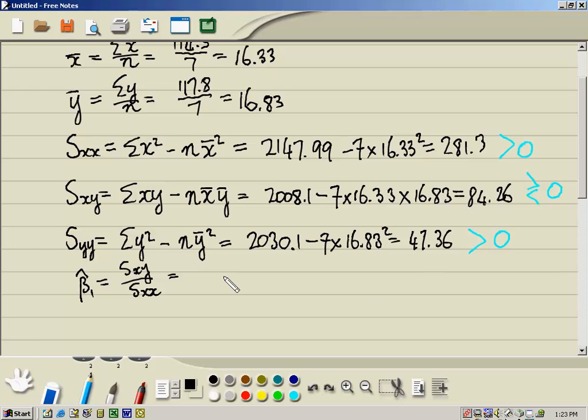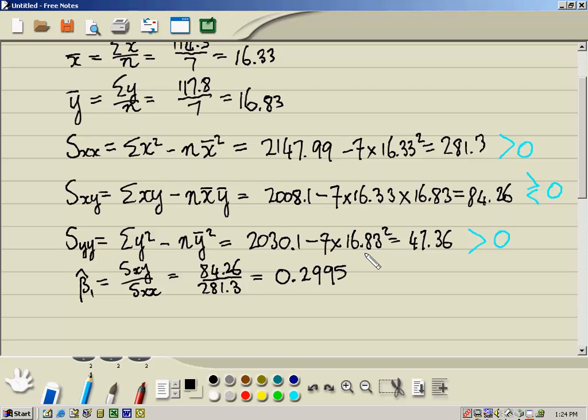So the sum of squares of xy is 84.26 divided by the sum of squares of x, 21.3, and the answer on my calculator, given the rounding that we're doing here, is 0.2995. Remember, we're trying to be accurate here to 4 significant places, so that after all these calculations we're probably going to be correct to 3 significant places.